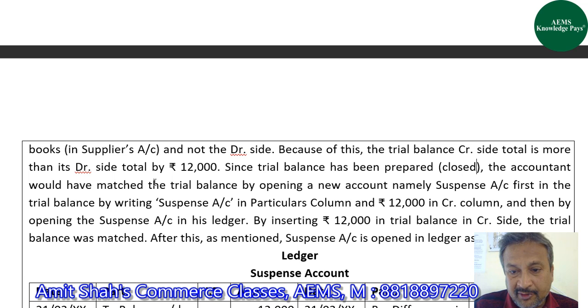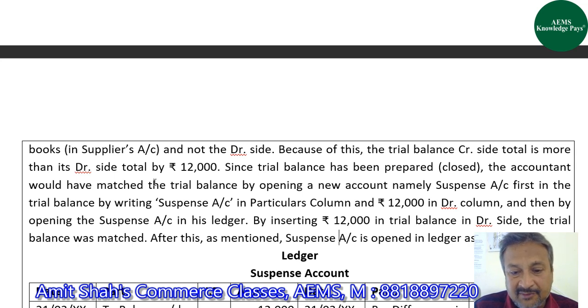Since the trial balance has been prepared or closed, the accountant would have matched the trial balance by opening a new account, namely suspense account. First in the trial balance by writing suspense account in particulars column and rupees 12,000 in debit column, and then by opening the suspense account in his ledger by inserting rupees 12,000 in debit side. The trial balance was matched.